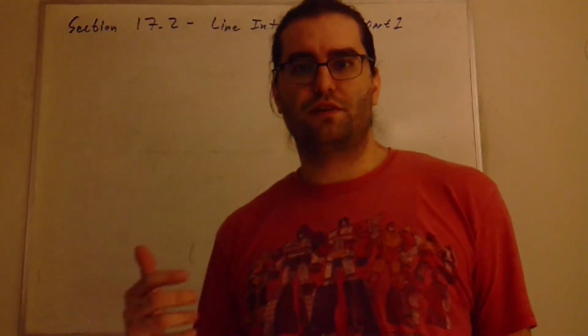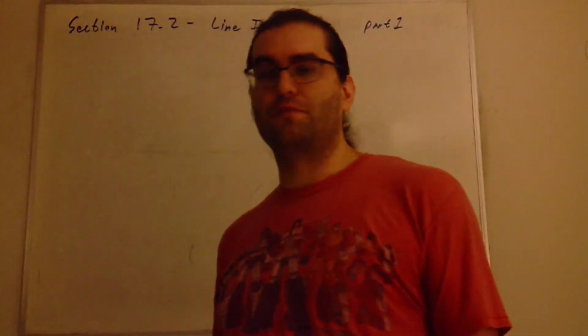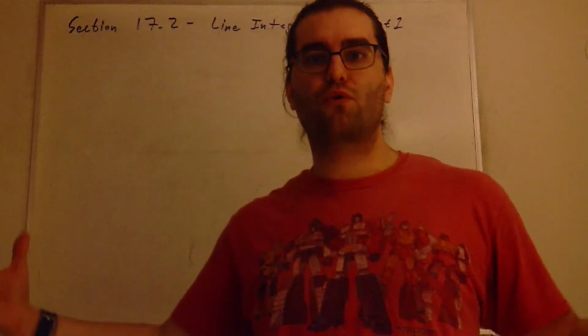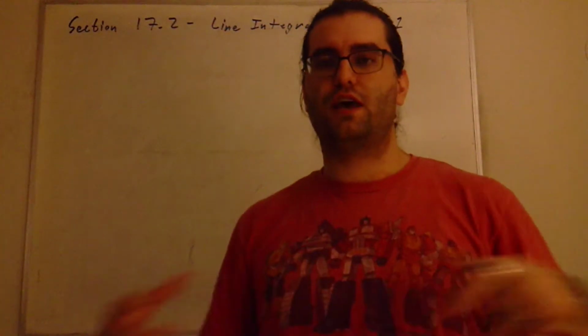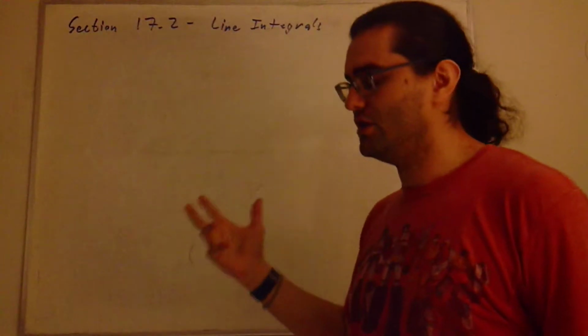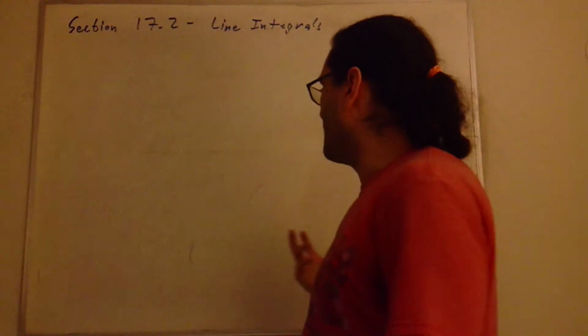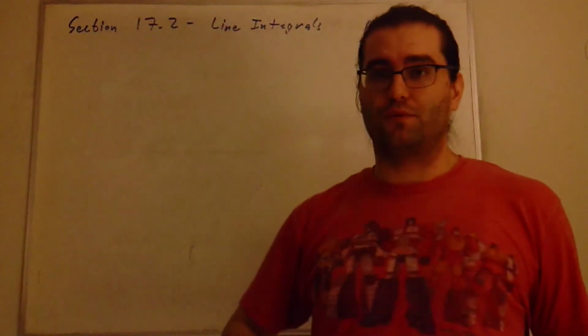Individually, each step is something that we know how to do. We've done it before. So the new material that we're going to be covering here is just how we're going to do it all in one place, how we're going to put it all together in one big thing that we're going to call a line integral. So buckle in. Here we go.